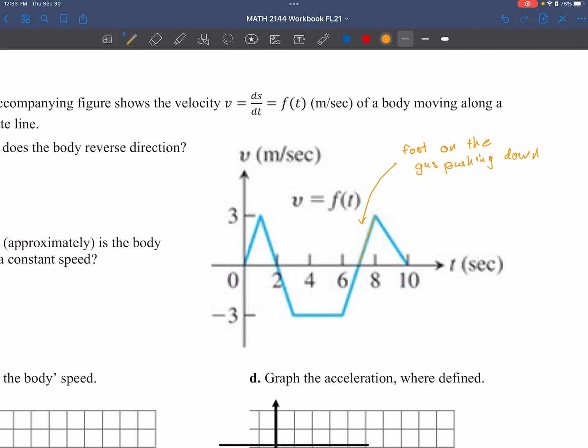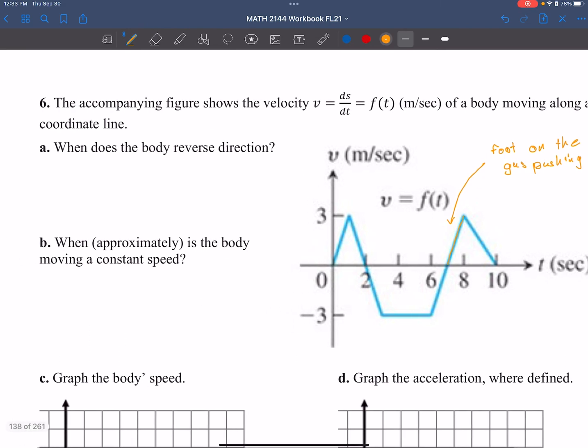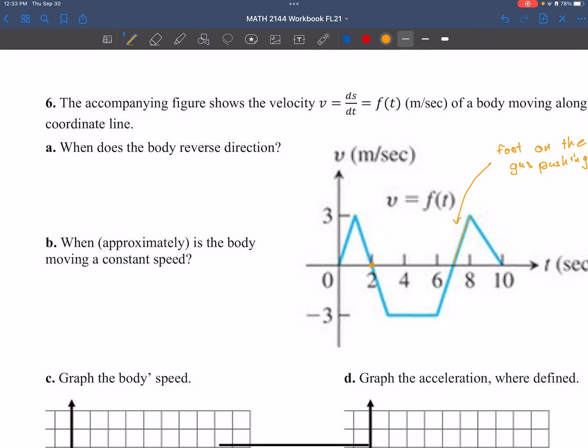So the answer to A is specifically at 2 and specifically at 7, so t equal to 2 and t equal to 7. This is when your car was stopped, just enough so you don't drop your engine or something, when you're shifting from drive to reverse. There and there. Very good.